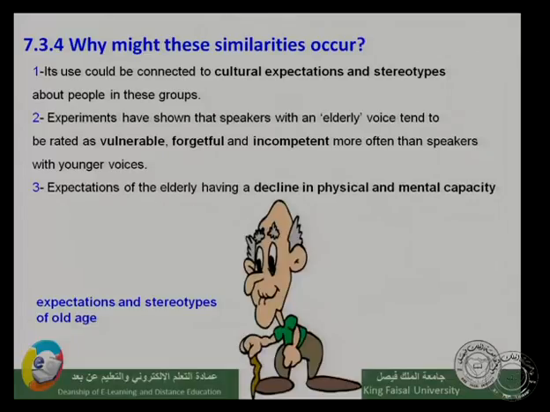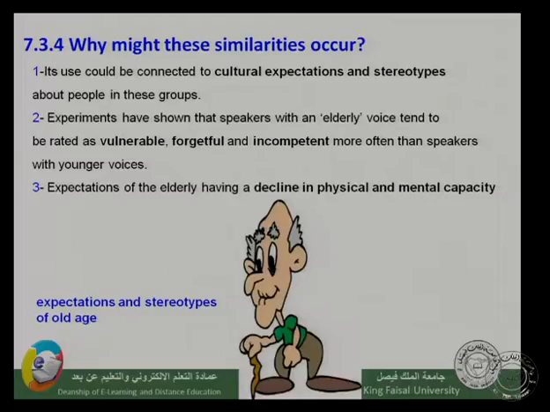Number three, the expectation of the elderly having a decline in physical and mental capacity. So we have the expectation that the older we get, the more our physical and mental capacity declines. When you are in your 60s and 70s, your physical ability and your mental ability will gradually decline.